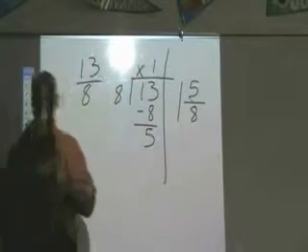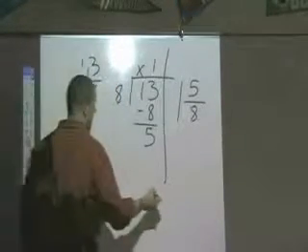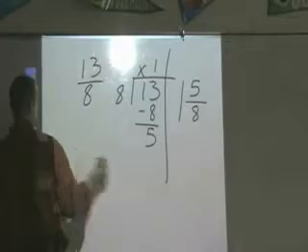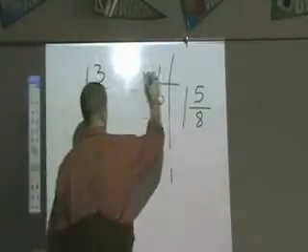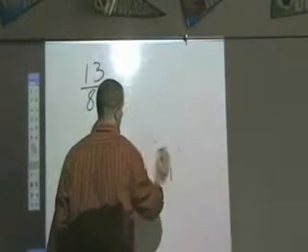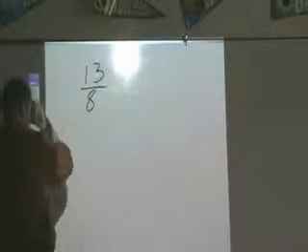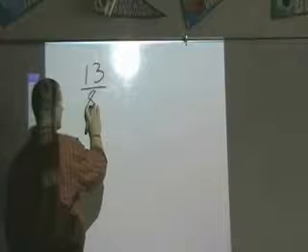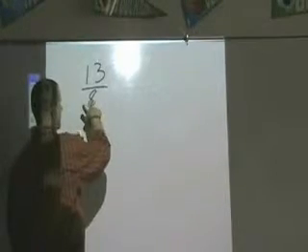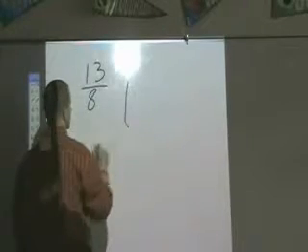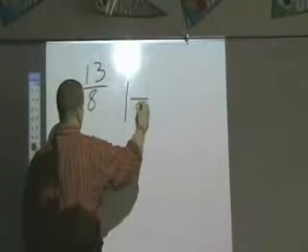If you want to think about it a different way, and this is what I tell my upper level kids, think about it this way. Basically this is doing the math in your head. 8 can go into 13 once. I know my denominator is not going to change.